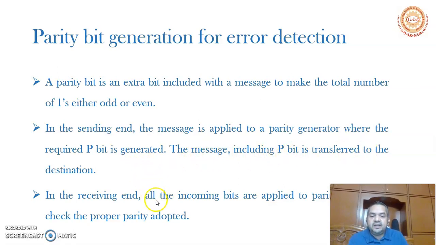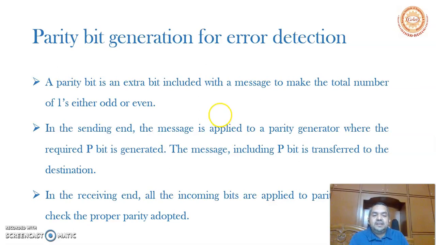At the receiving end, all the incoming bits are applied to a parity checker to check whether the proper parity was adopted. At the source, I call it parity bit generation; at the destination, I call it parity checking.